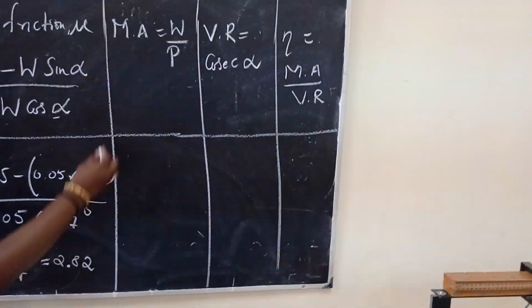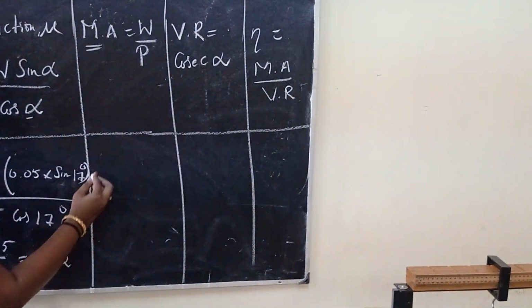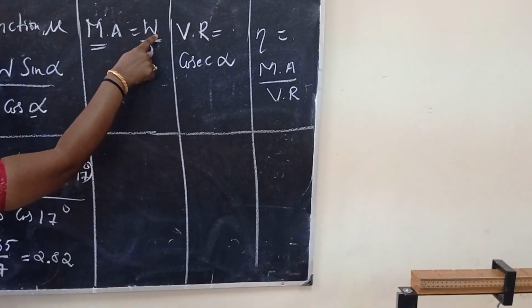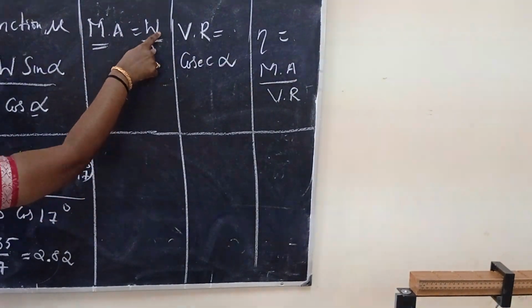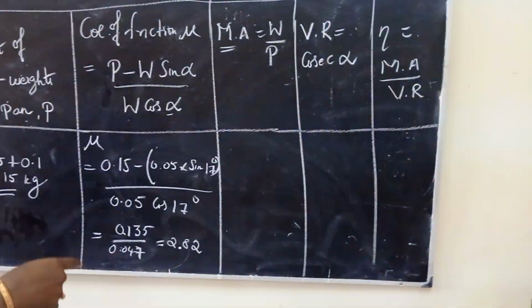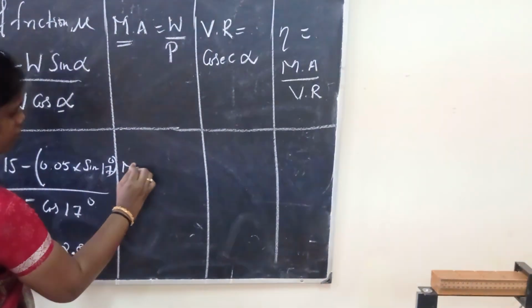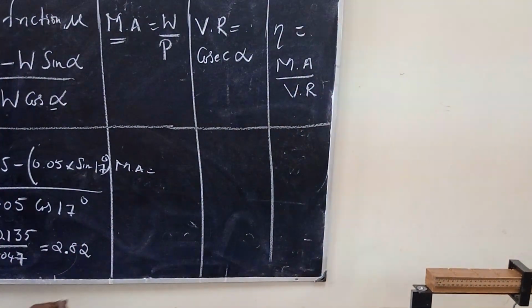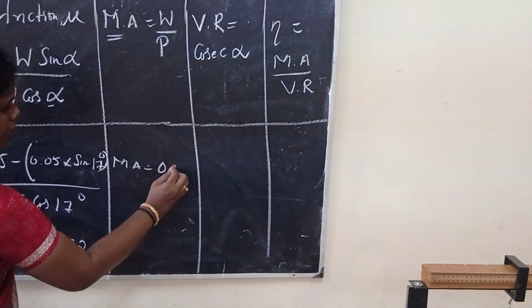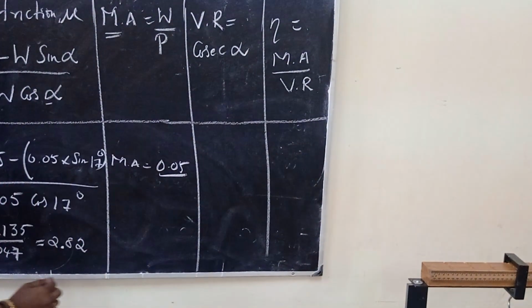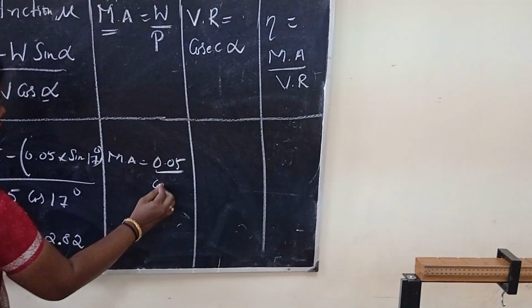Next, I'm going to calculate the mechanical advantage. It is nothing but the ratio between W by P. Okay, W is the weight of the pan divided by the weight of the pan plus weight of the slider, so W is 0.05 by 0.15.